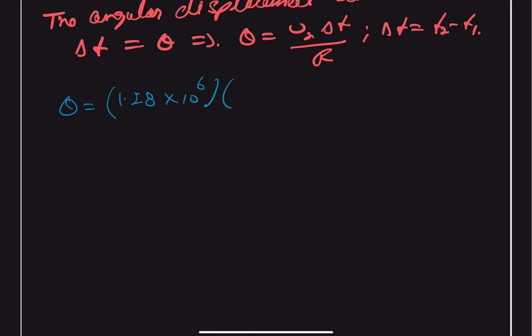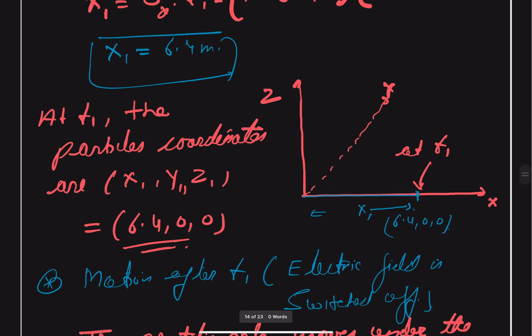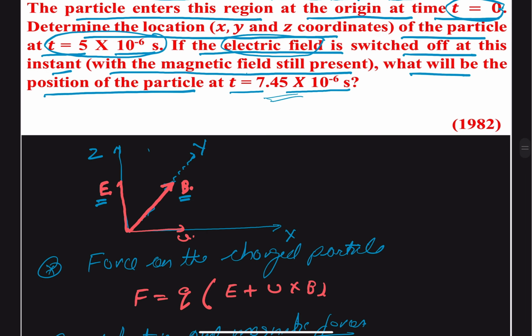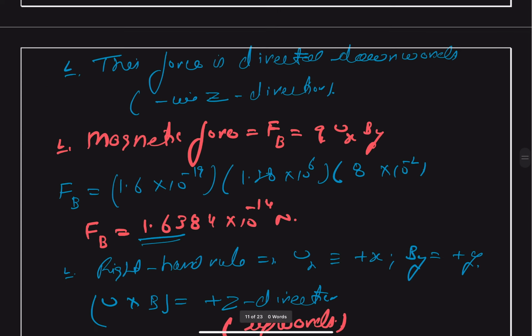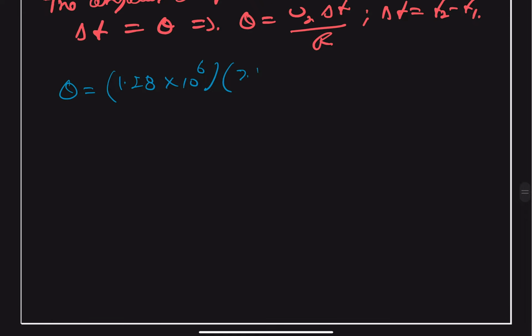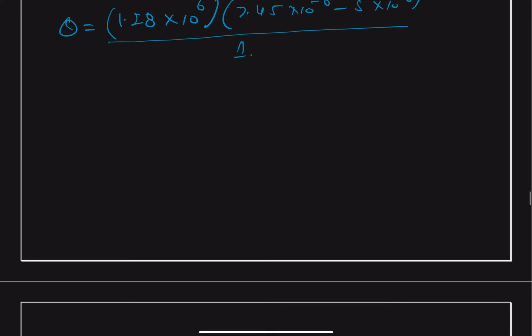Delta t is t2 minus t1, so we have 7.45 into 10 raised to the power minus 6 minus 5 into 10 raised to the power minus 6, divided by radius, which comes as 1. So our theta comes approximately as 3.136 radians.